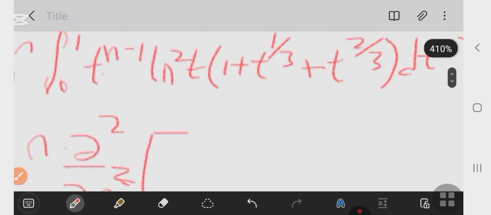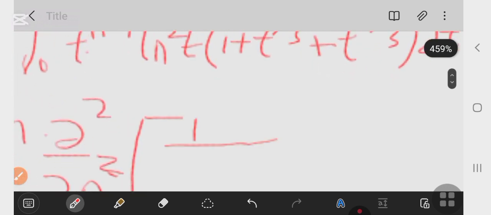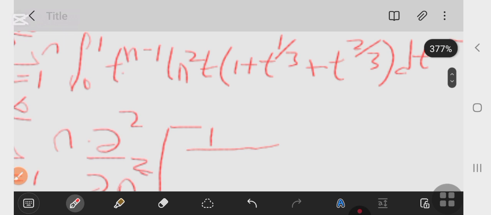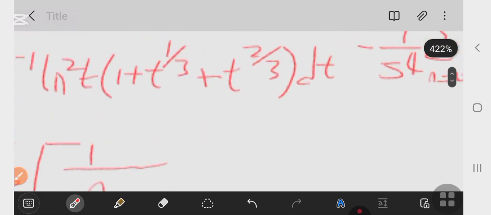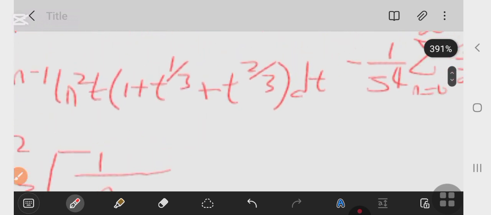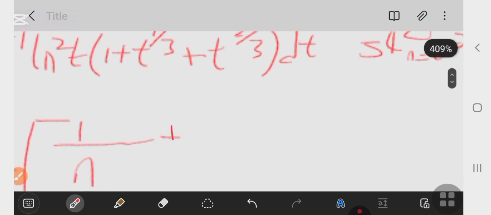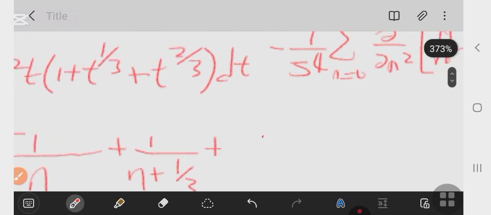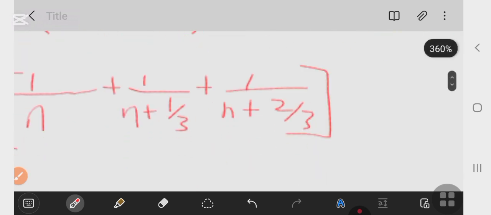I have 1 over, what is k here? k in this place is 0, so I have 1 over n. Then for this other one, I'll have plus 1 over n plus 1 over 3, then plus 1 over n plus 2 over 3. That is for this sum.